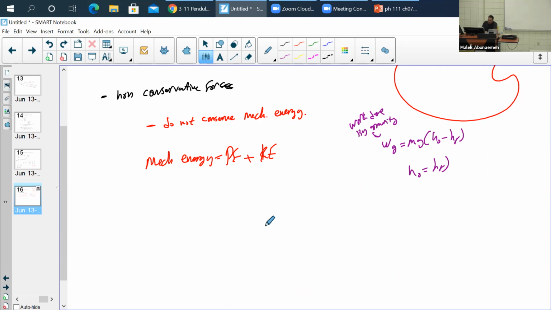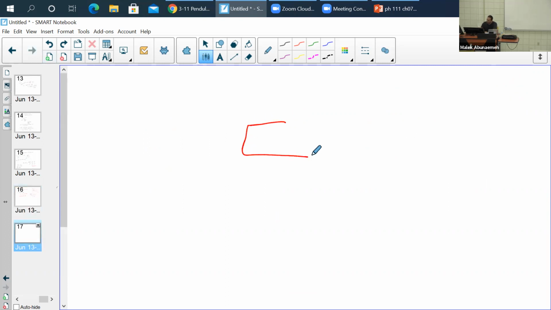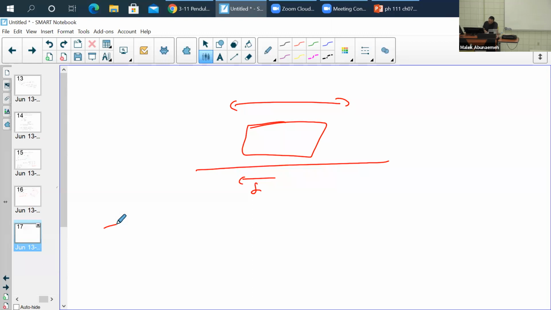So let's say you have an object, and you keep on moving that object back and forth, where you're going to have your friction, F. If you keep going back and forth, and the thermal energy, what do you think is going to happen?